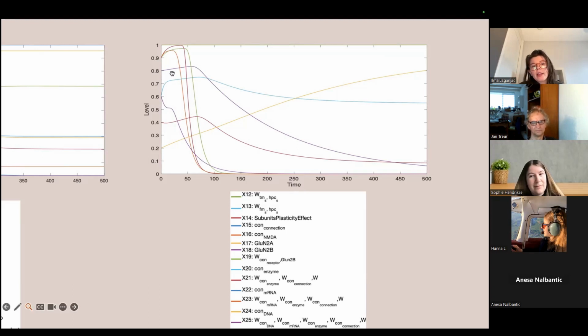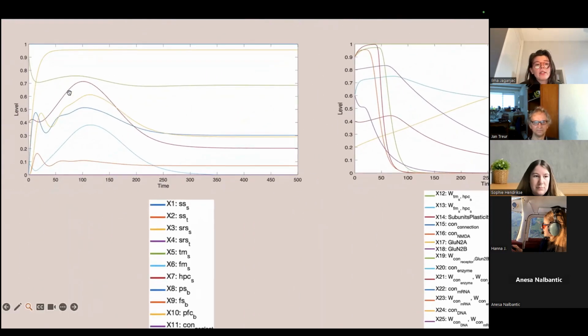So gluN2B is starting to decrease, while gluN2A is starting to increase, which shows the maturation process of this subunit. What is more interesting is that the subunit plasticity effect is starting to decrease. And here you see that when a person becomes older, you get more mature neurons with a lower level of plasticity.